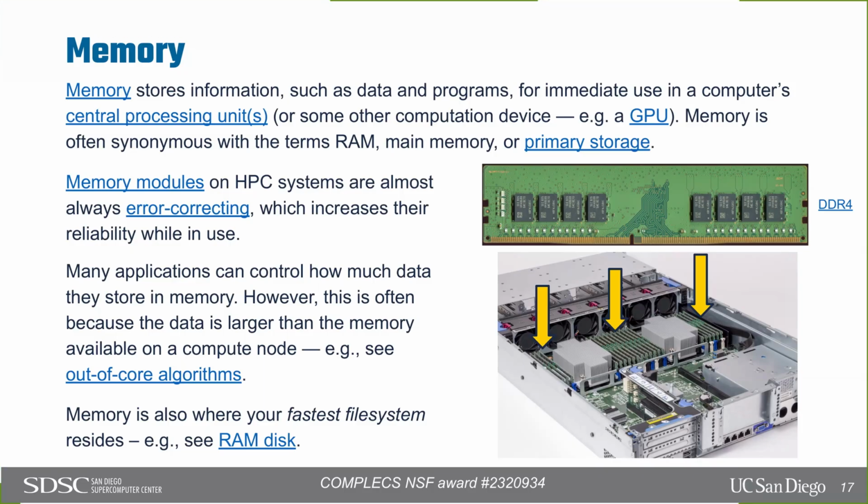You might be swapping back and forth between disk and memory, depending on the type of application running and the size of data you're using. The last note here is that this is where you can set up your fastest possible file system, known as a RAM disk, which I won't go into detail on here, but you can definitely check out the links.